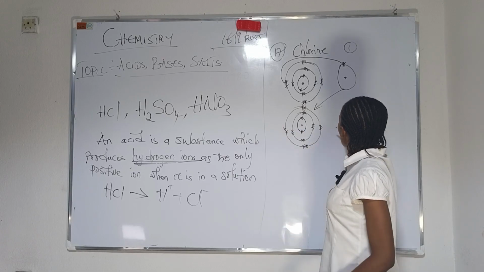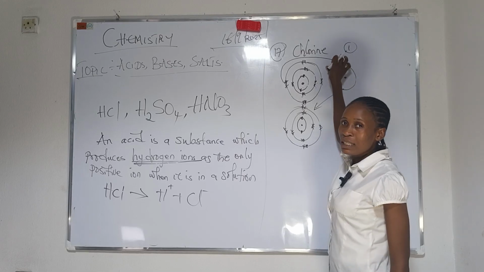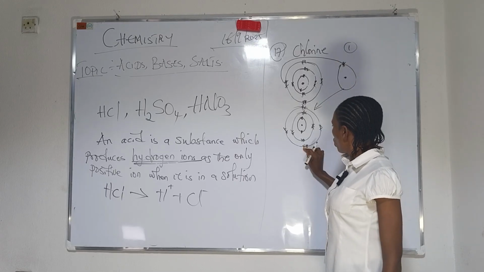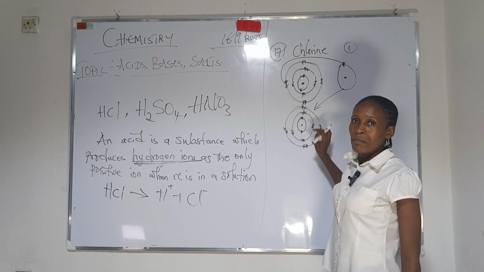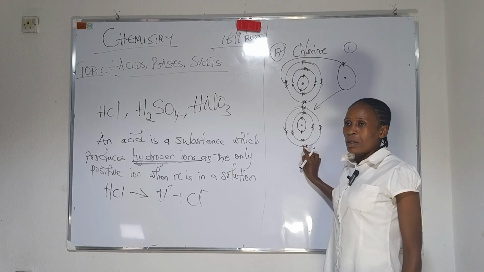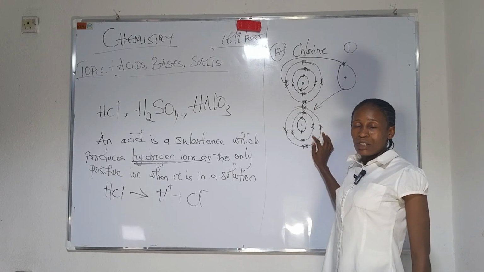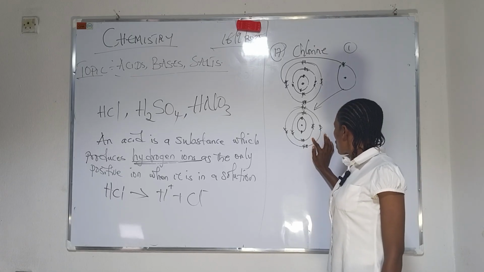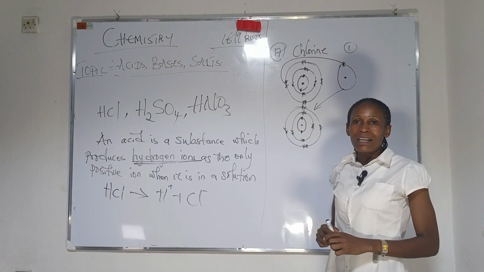Why am I having it as 8? Because I have carried this very electron to chlorine here, making it stable. The reason why they go into this chemical combination is because they want to behave like the noble gases.